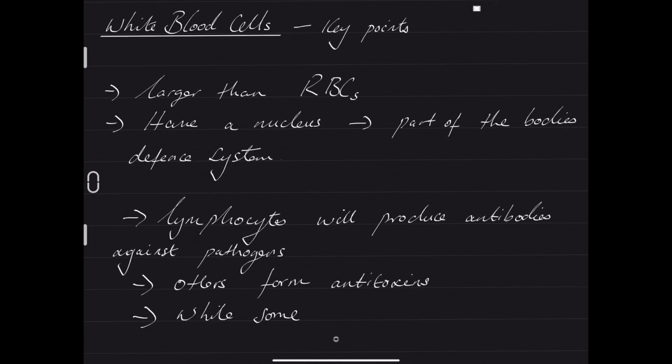So when the bacteria or virus is engulfed, it's known as phagocytosis. So these types of white blood cells are called phagocytes.